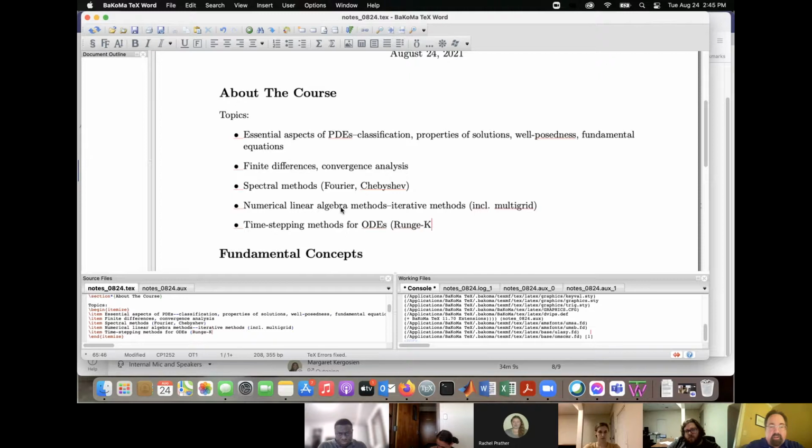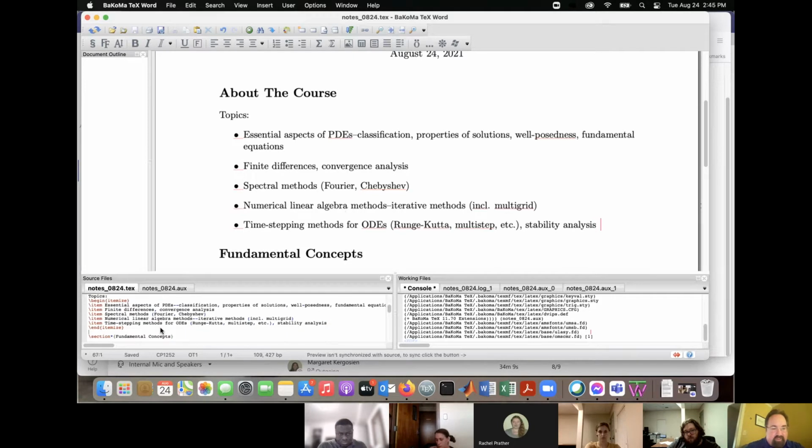For example, Runge-Kutta methods, multi-step methods, etc. And when you're dealing with time-dependent problems, you have to make sure that your method is stable, that it does not accumulate too much error over time. So an important topic will be stability analysis. Okay. All right, so that's a rough summary of what you'll be seeing in this class. So covering a fair amount of territory.